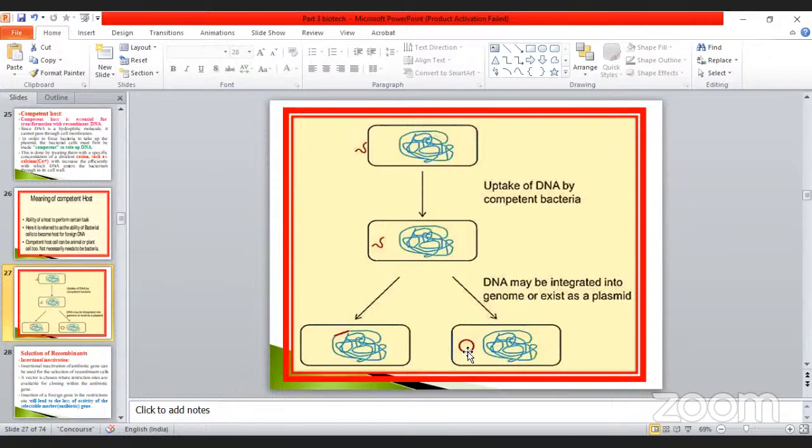It will not incorporate, but functions separately. Such types are called competent genes. These two types of genes are also present. Go to the next one.